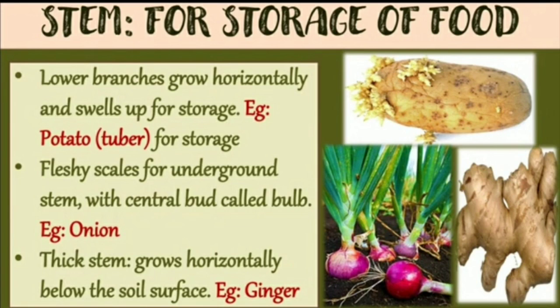For example, onion. Thick stem grows horizontally below the soil surface. For example, ginger. So these are the stems that are useful for storage of food.